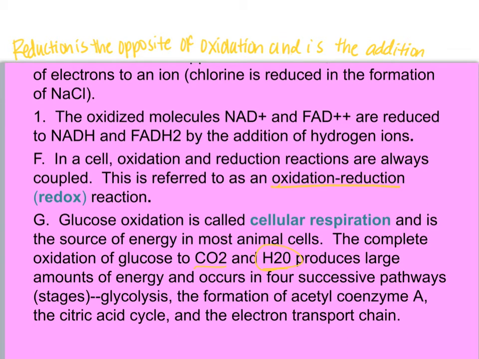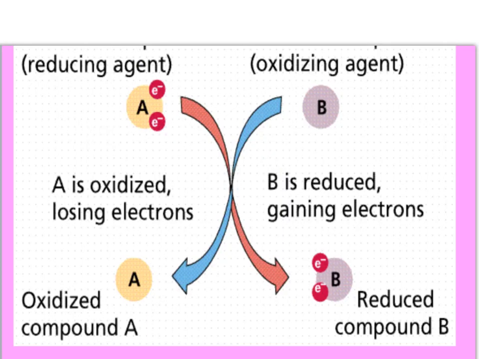Anyway, so this is going to produce large amounts of energy, and it's going to happen in 4 different pathways or 4 different stages. So now we're going to talk about each of these 4 stages. Now it's important to note that a lot of the times this second and third stage are kind of joined. So sometimes you might see it as 3 stages, but they've just joined the 2 middle phases.